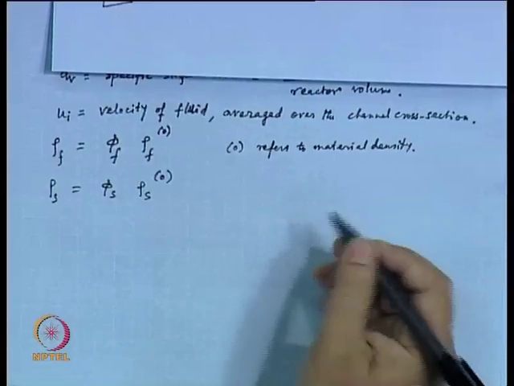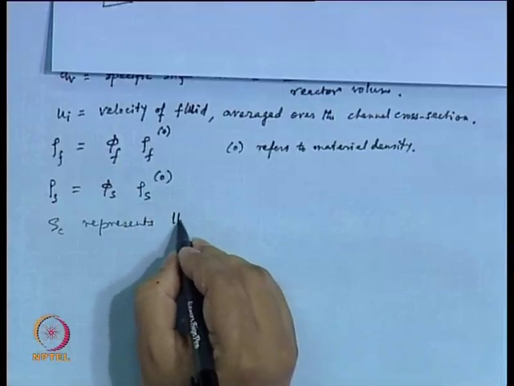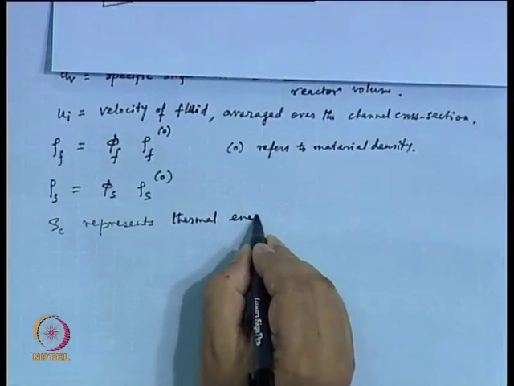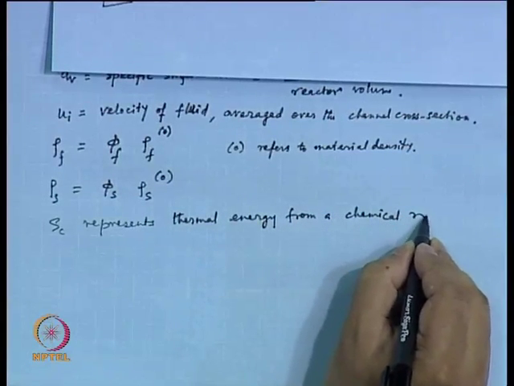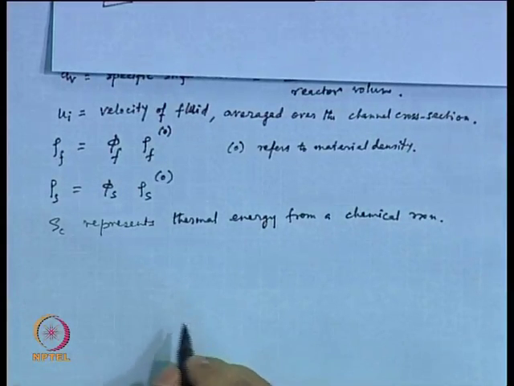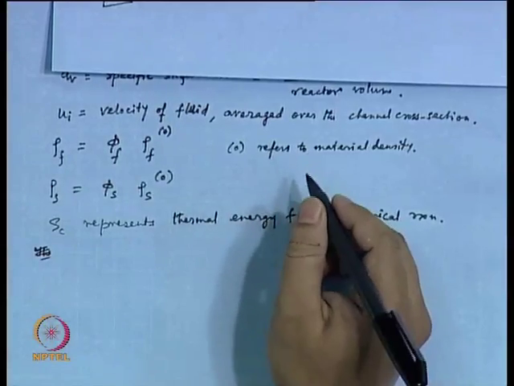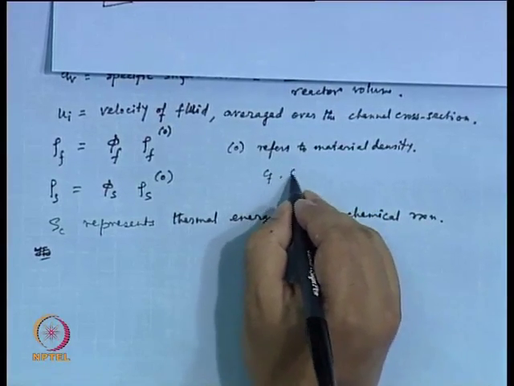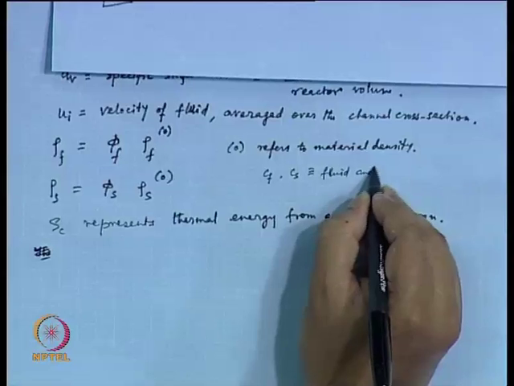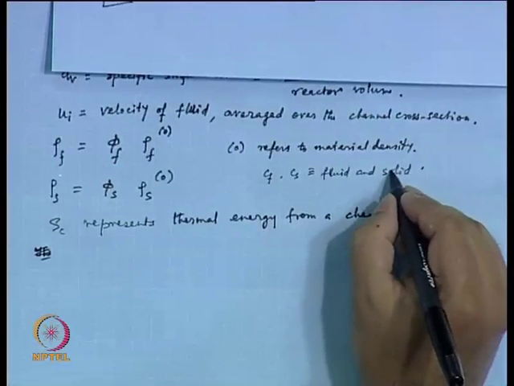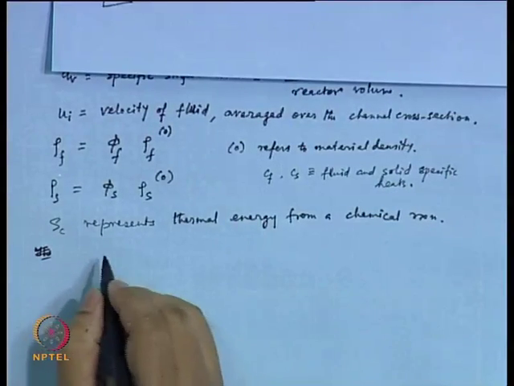Okay. Sc represents thermal energy from a chemical reaction. And of course, we have to define this Cf and Cs. Cf and Cs are fluid and solid specific heats. Okay.